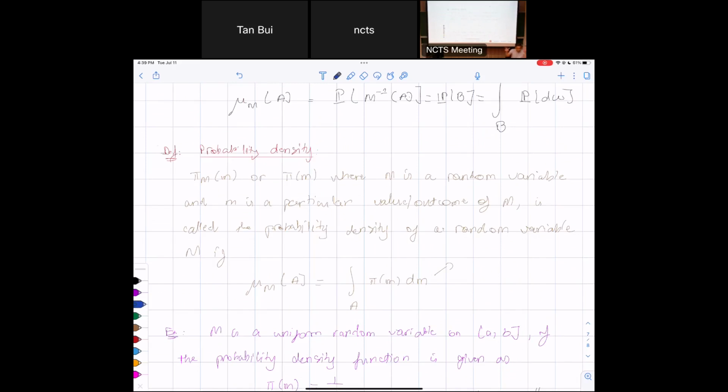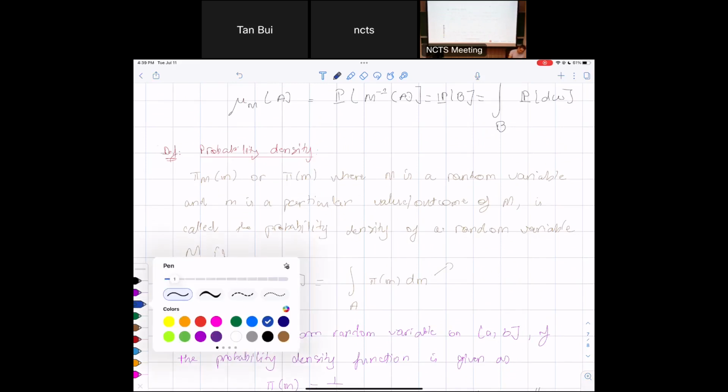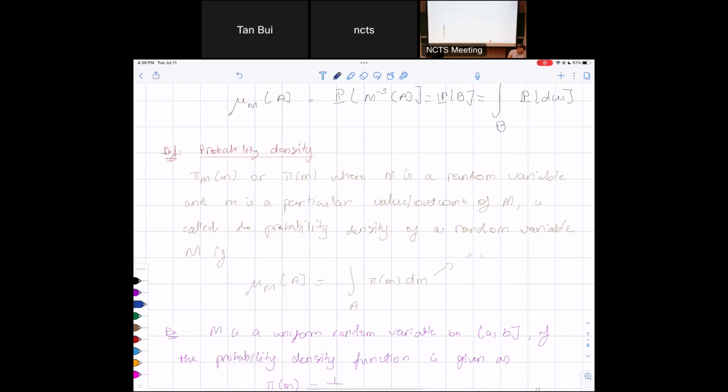Or area. Think about volume measure. But I say volume or area or length measures. Or if you want to be more mathematical, the standard Lebesgue measure.